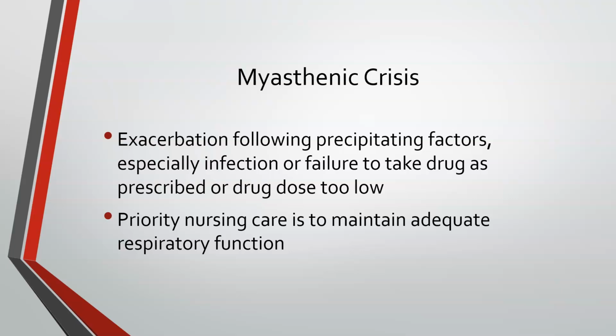Tensilon is actually in the class of acetylcholinesterase inhibitor, and they use this medication to determine whether or not the patient is in myasthenic crisis or cholinergic crisis, which I will be talking about next.